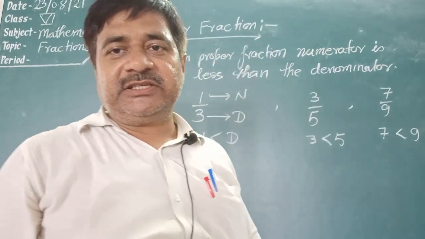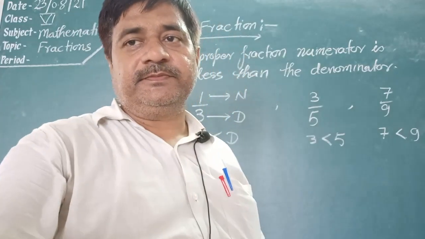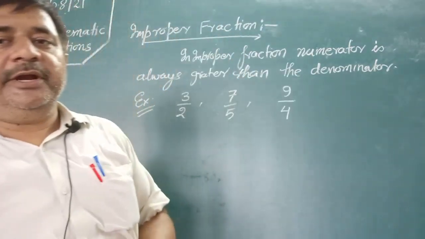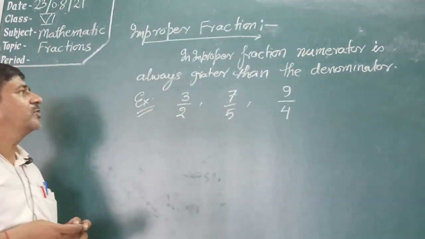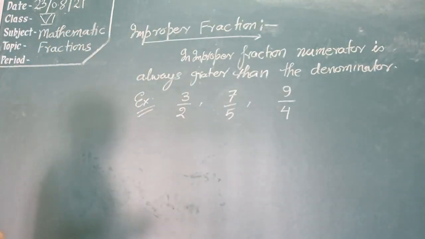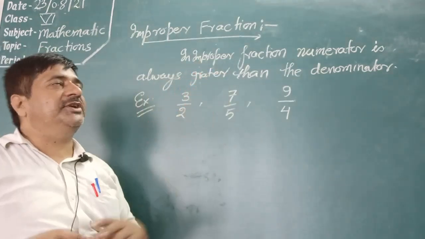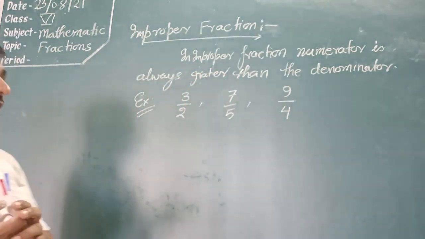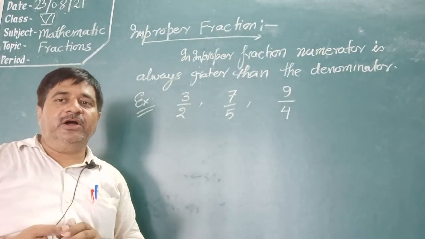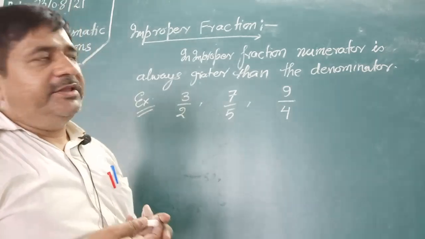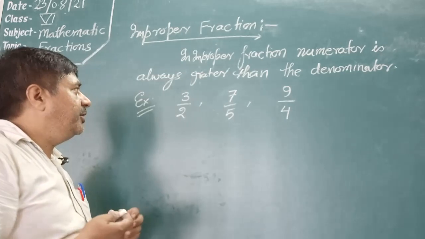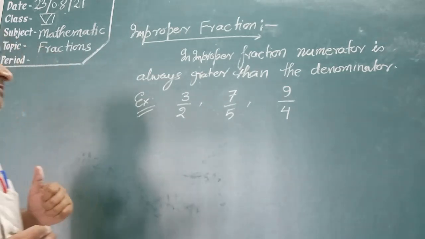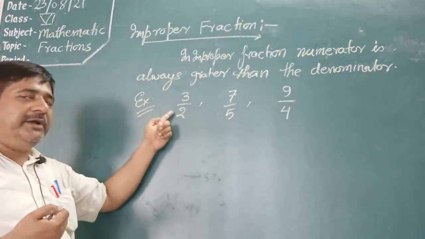Now, students, next, improper fraction. What is an improper fraction? In an improper fraction, the numerator is always greater than the denominator. For example, we write 3 by 2.